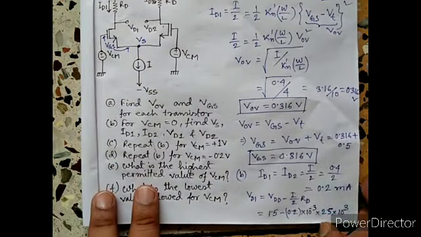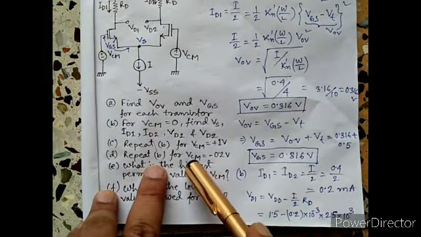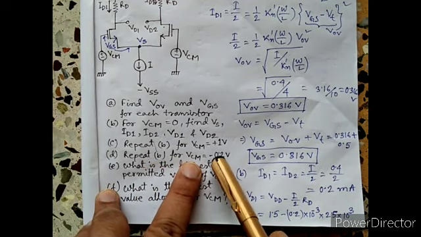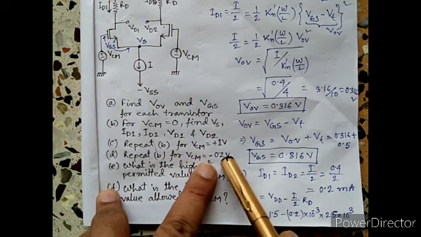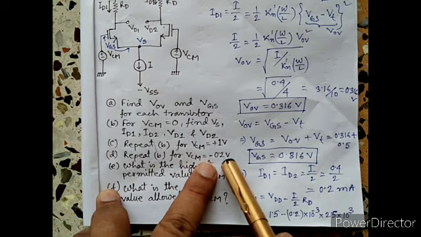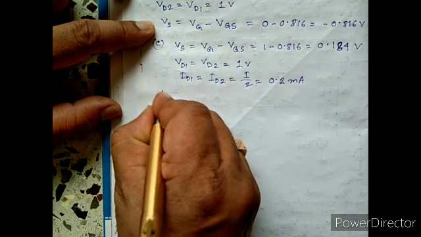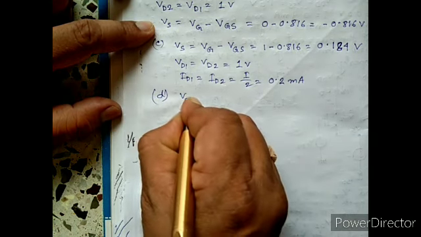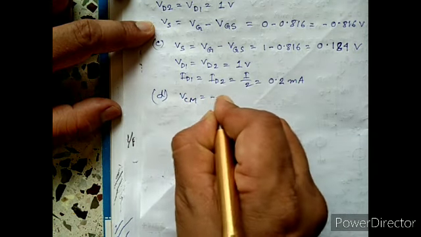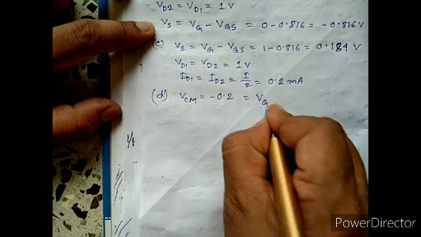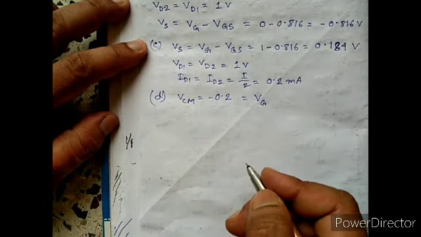Now for D, repeat the same B taking VCM equals minus 0.2 volt. For D, where we consider VCM as minus 0.2 volt, that equals Vg.